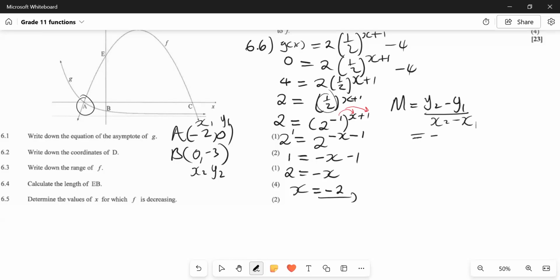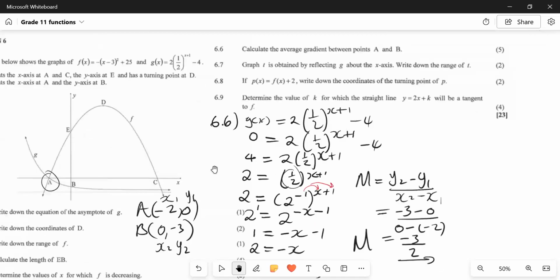Negative 3 minus 0 over 0 minus minus 2, which will give us minus 3 over positive 2. Then that's your final answer. So you got your average gradient as minus 3 over 2. I hope it makes sense. Let's move to 6.7.